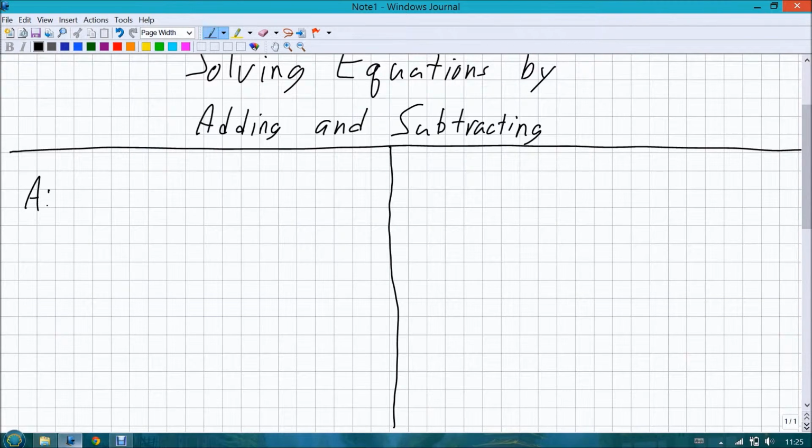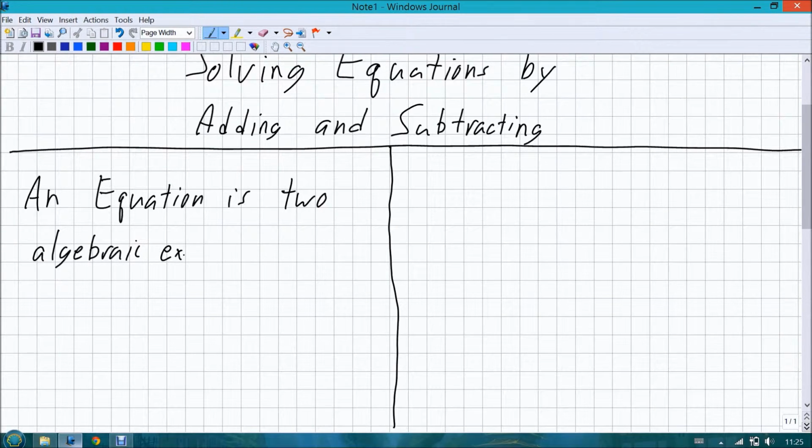An equation is two algebraic expressions being compared over an equal sign.